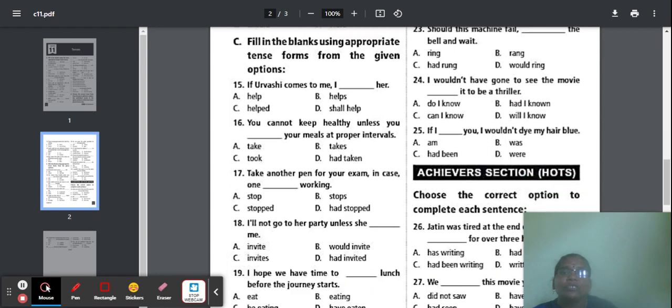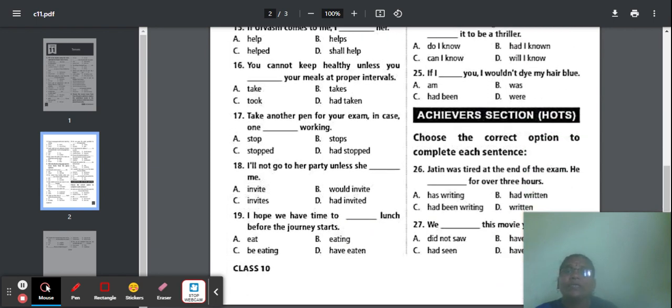Next, question number 16. You cannot keep healthy unless you dash your meals at proper intervals. So here also, if you are doing this, this will happen. Unless is also one condition. So here check, keep is present tense. So here also we should use present tense. You means second person, plural and singular also.